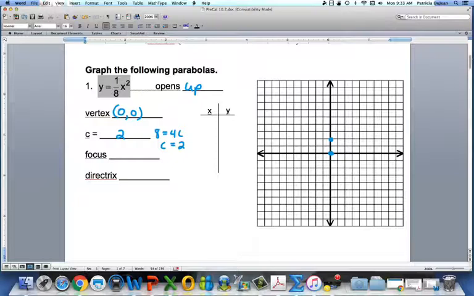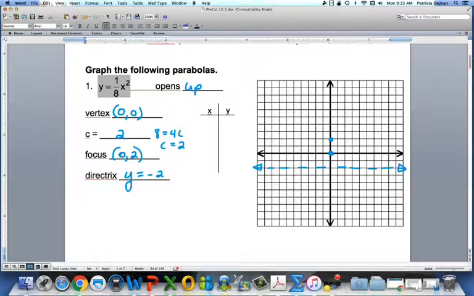So we can go ahead and write our focus point. And our directrix is going to be 2 behind that vertex. It's the line that goes behind the parabola. So this is the directrix. So the equation of the directrix is the equation of a horizontal line, y equals -2.